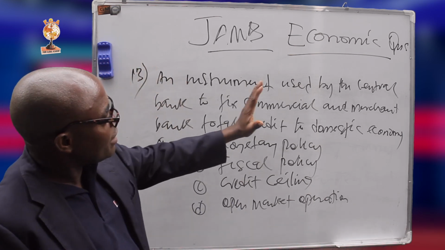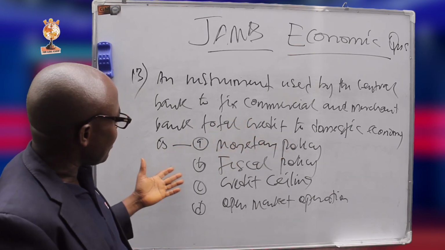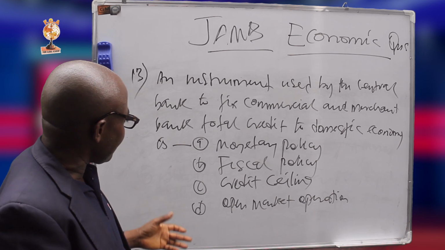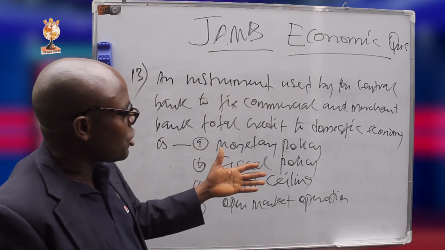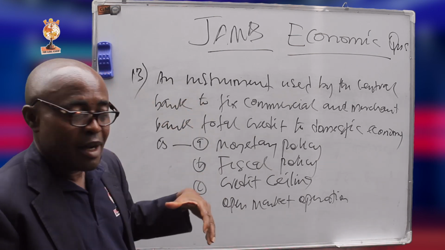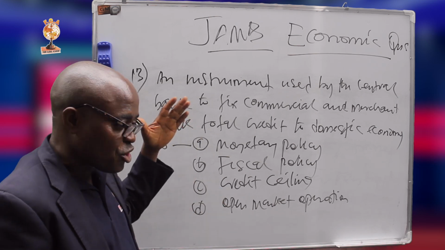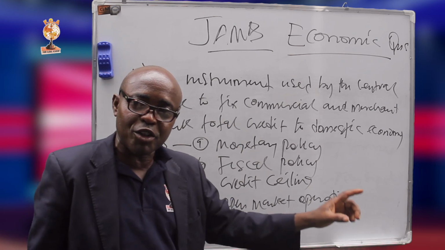Now, an instrument used by the central bank to fix commercial and merchant bank total credit to domestic economy. Here we have monetary policy. In economy you have plenty of policies. All these policies are to checkmate the flow of income, the flow of money in circulation.